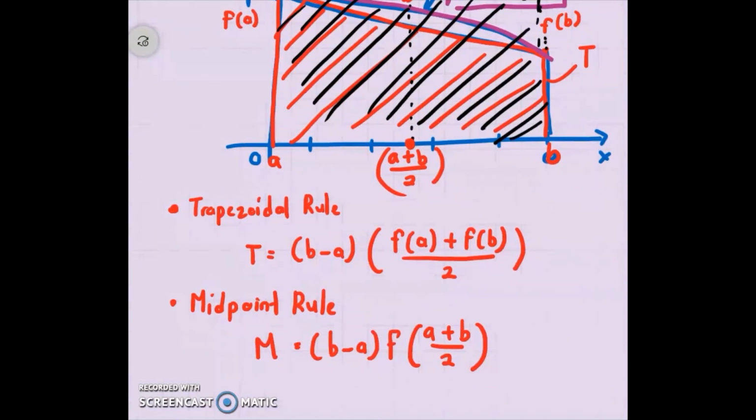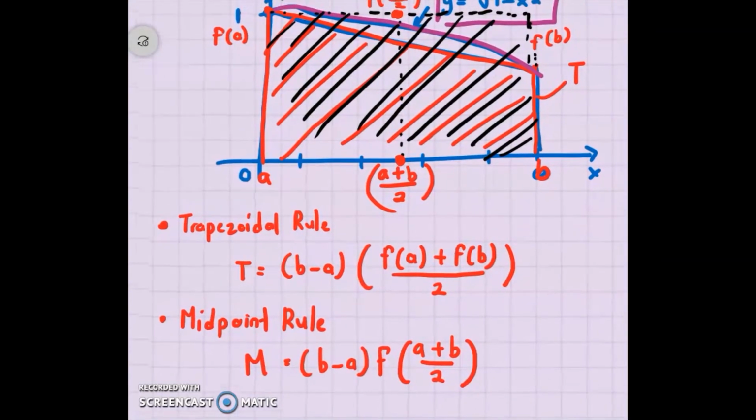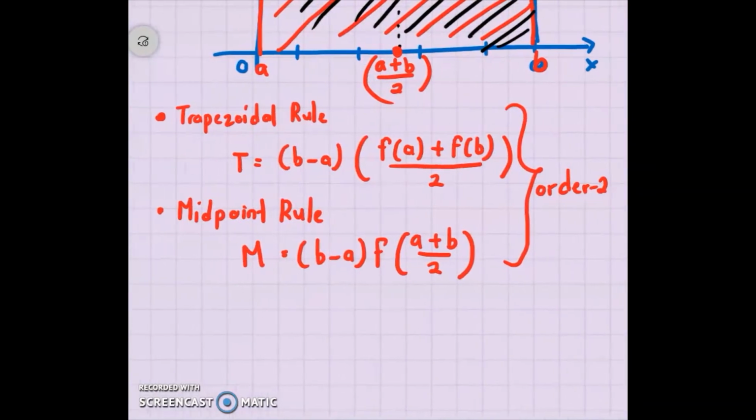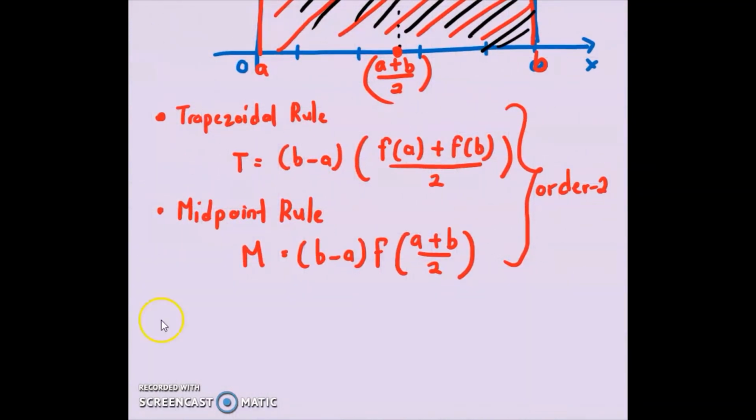Now, the midpoint and trapezoidal rules are both order 2. Now we have Simpson's rule, which is order 4, which should be slightly more accurate. Simpson's rule takes a combination of midpoint and trapezoidal.